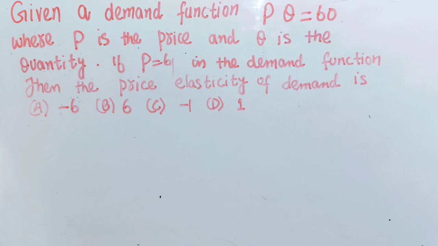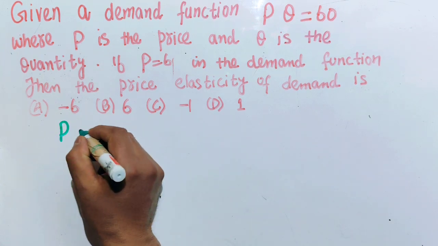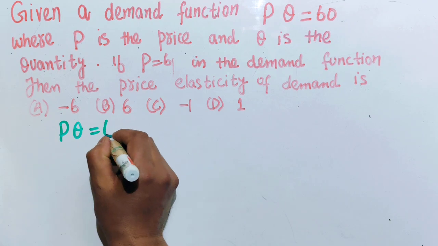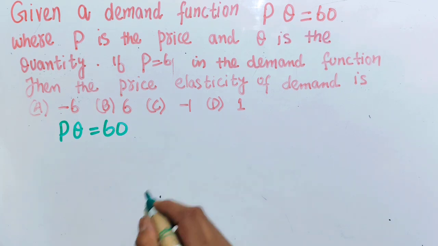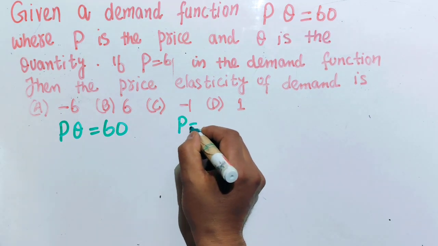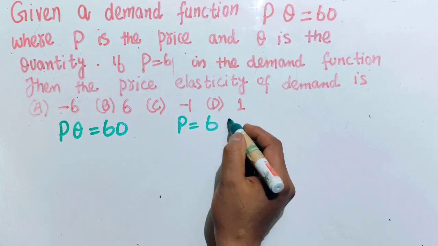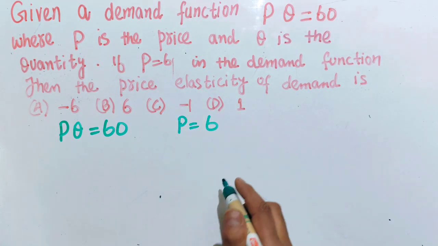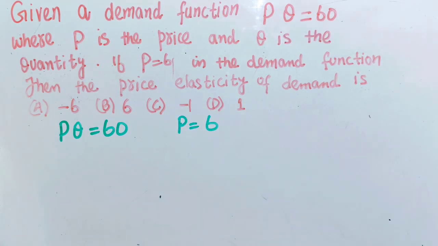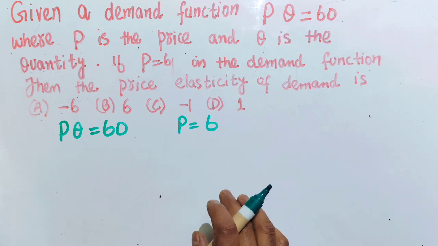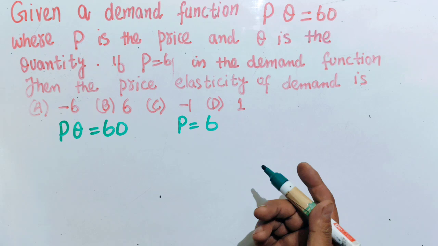Okay, so we have the demand function P into Q is equal to 60. This is our demand function, and we are being told P is equal to 6. Corresponding to this P is equal to 6, we need to find out the price elasticity of demand. Now what is the elasticity of demand formula?